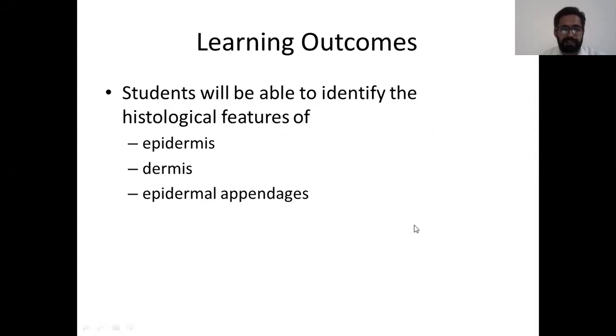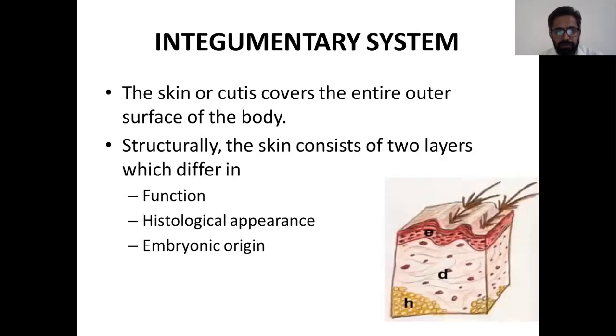So during this practical, as a student, you will be able to identify the layers of skin, which are actually the epidermis, dermis, and the derivatives of the epidermal layer, which are termed as epidermal appendages. If we talk about the integumentary system, it consists of an organ skin or cutis, which is covering the entire surface of the body.